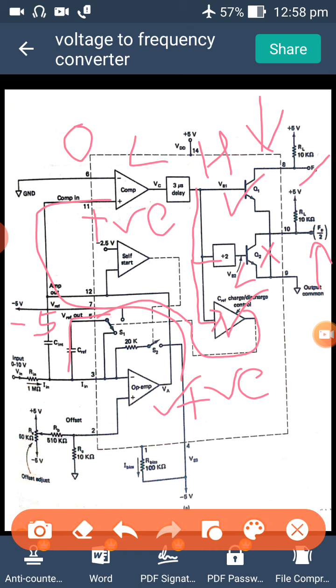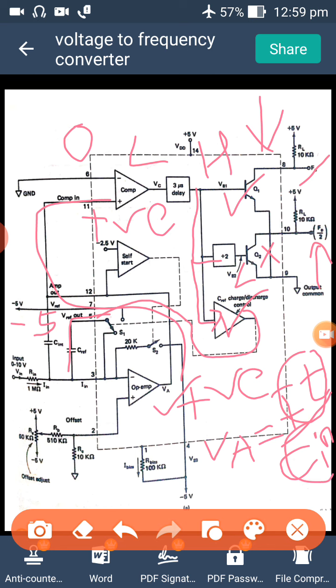Then we will be having a formula for this VA. How can we write VA? It is equal to current into time, divided by the capacitor C int. I into T means charge, divided by capacitor C, which will be giving us VA.